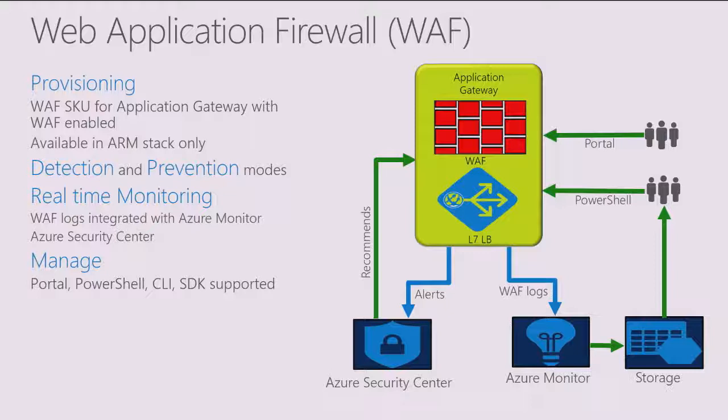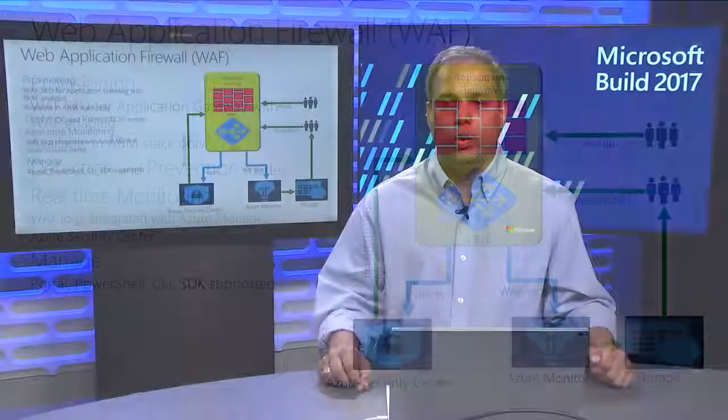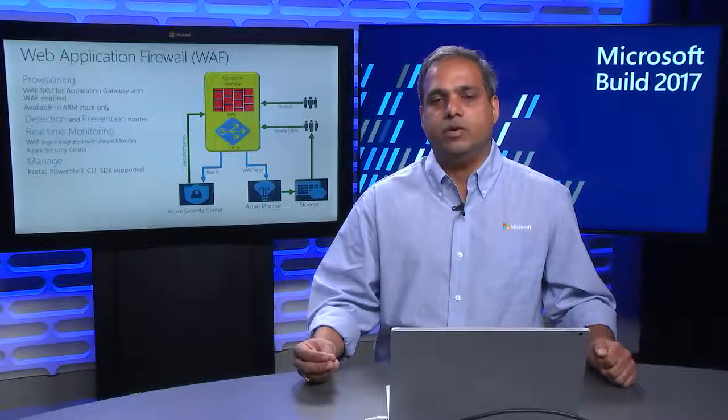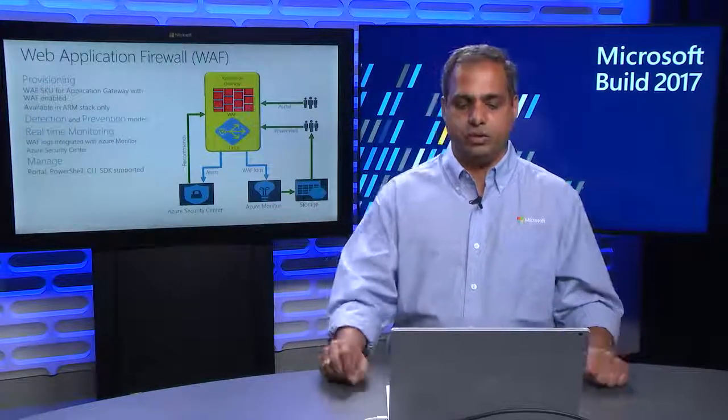Once you identify such traffic, you can always go and change it from detection to prevention mode, in which case it actually starts blocking the traffic. A user or an attacker who is trying to send malicious traffic or a bot will get a 403 forbidden access, and that connection would be terminated in prevention mode.